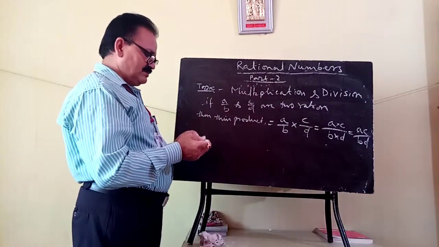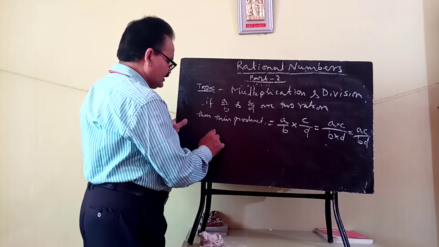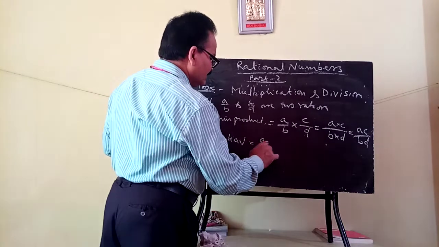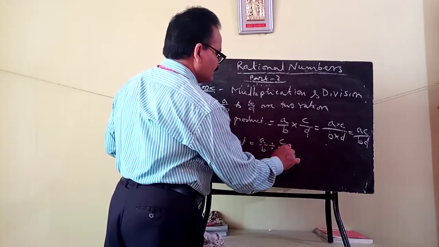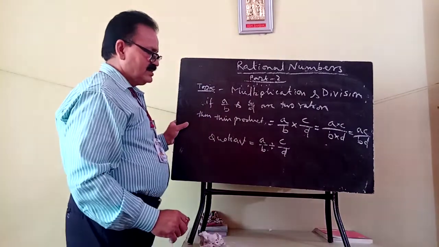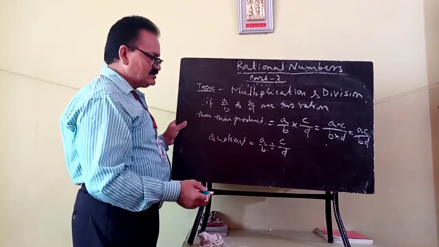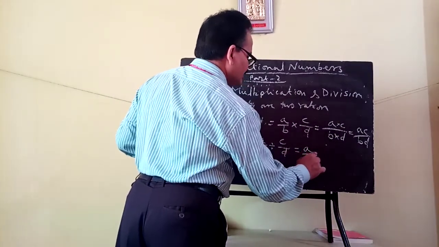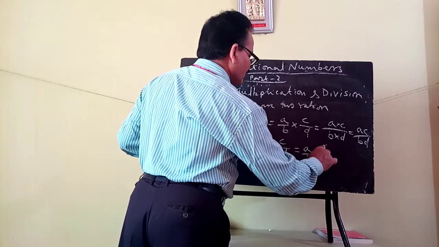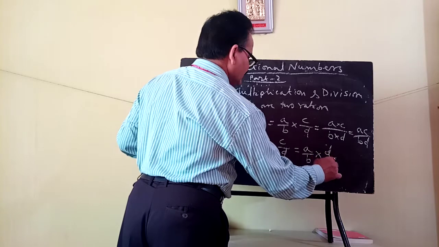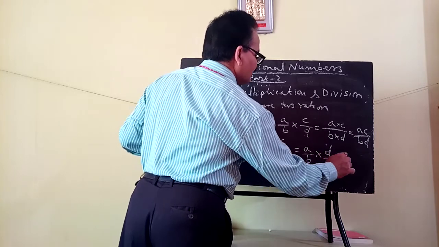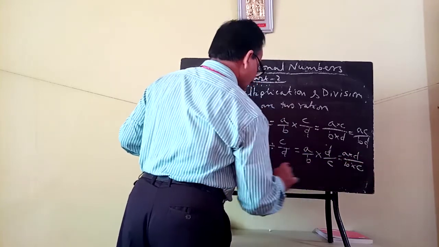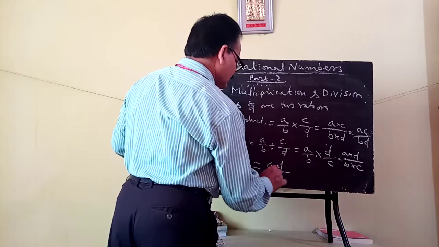In case of division, the quotient equals A/B divided by C/D. You follow the rule of division of fractions: A/B, put a multiplication sign, take the reciprocal D/C, then multiply A into D and B into C. So it will be AD/BC.